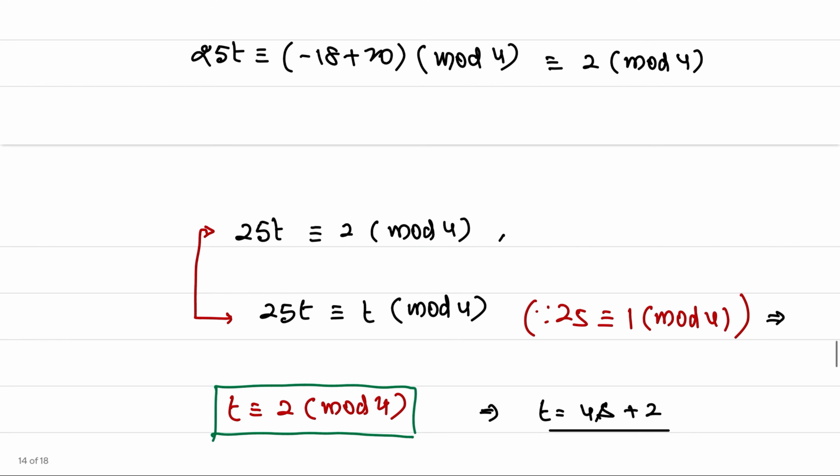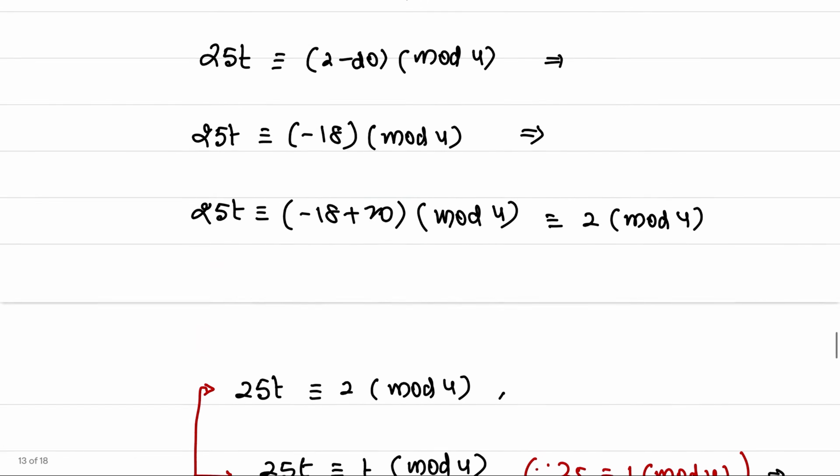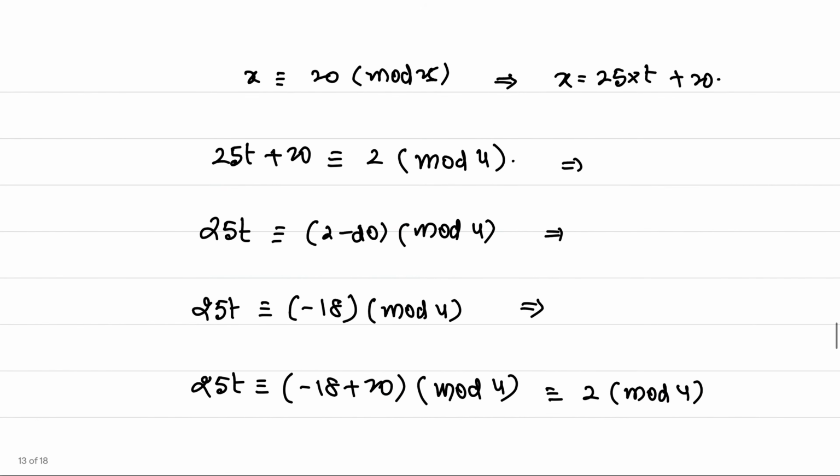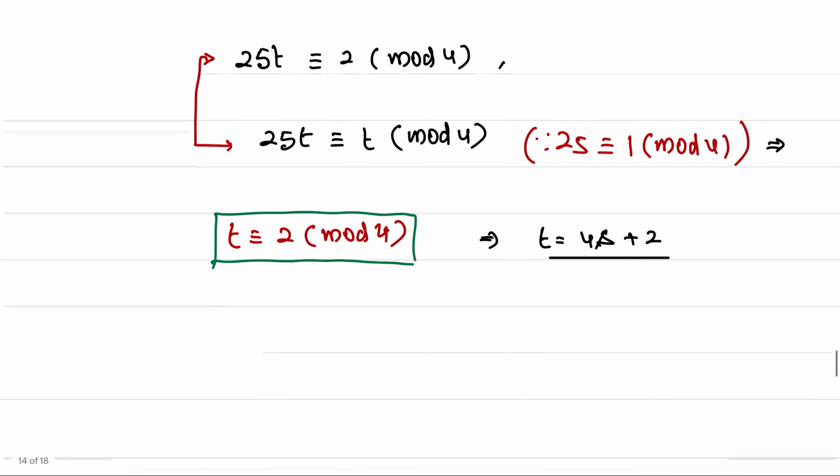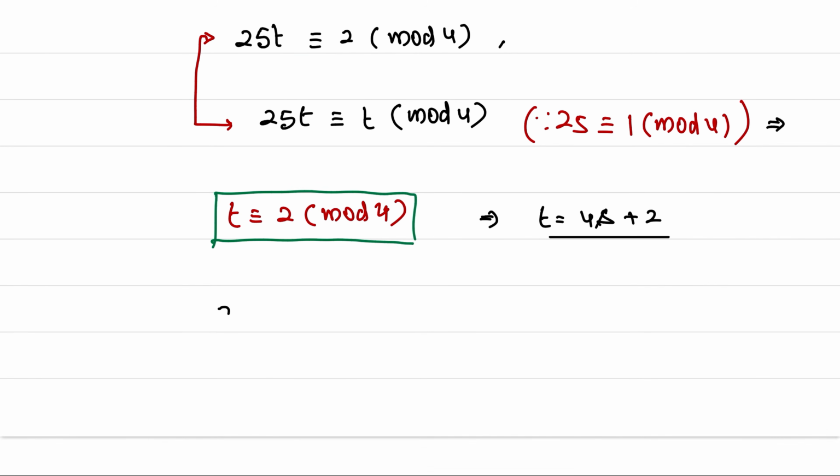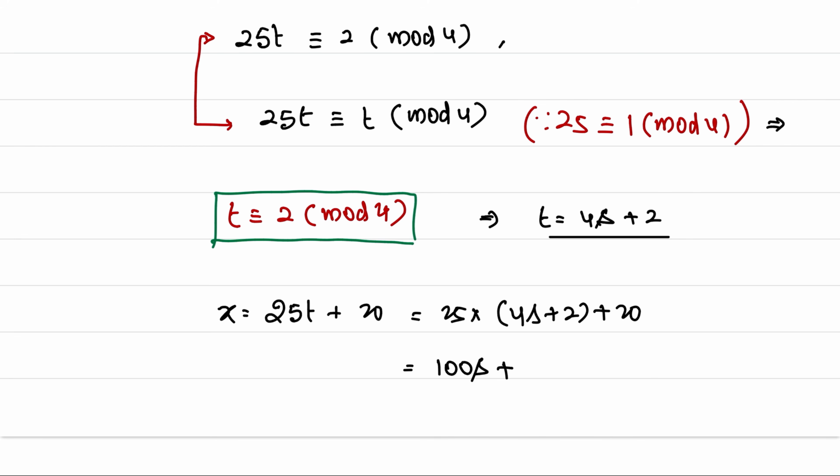Then, let us put this value back in x. x is equal to 25t plus 20. That is equal to 25 into (4s plus 2) plus 20. That is equal to 100 into s plus 50 plus 20, 100 into s plus 70.